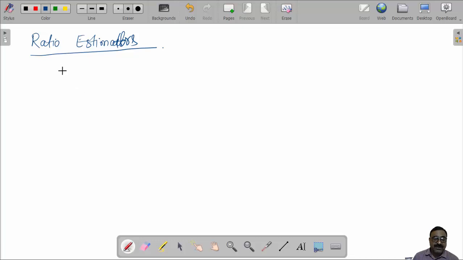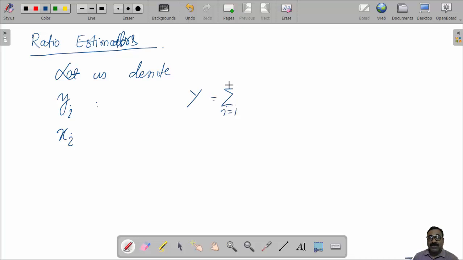So let us denote yi as the value of the characteristic under study for the ith unit of the population, and xi the value of the auxiliary variable x for the ith unit. Y is the population total for the study variable, and X is the population total for the auxiliary variable.